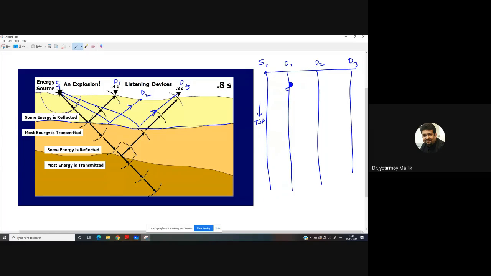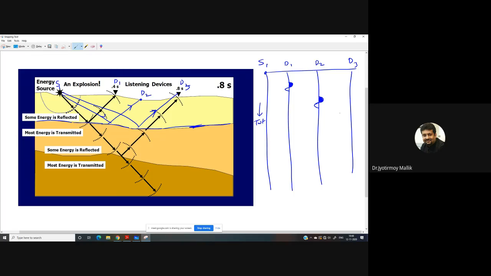I have to place the wiggle for this reflector as well, right? So whether this wiggle at D2 for this particular reflector will be down or up. Tell me. Whether it will take more time or less time. It will take more time. Simple. They will have more or less similar amplitude, although I could not draw it properly.